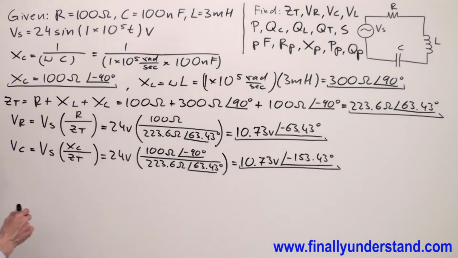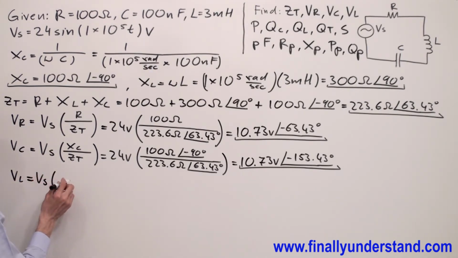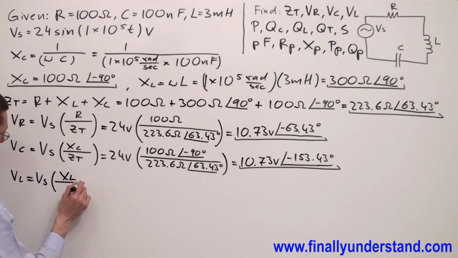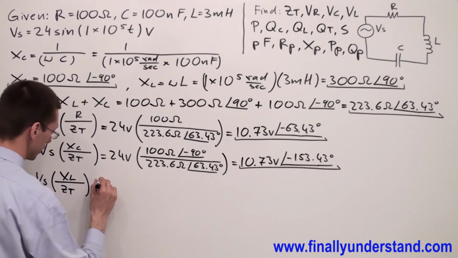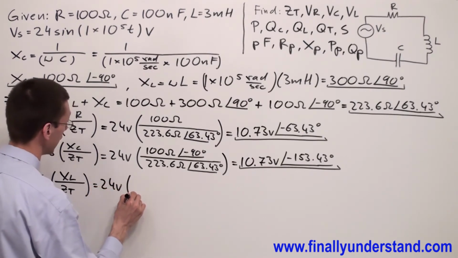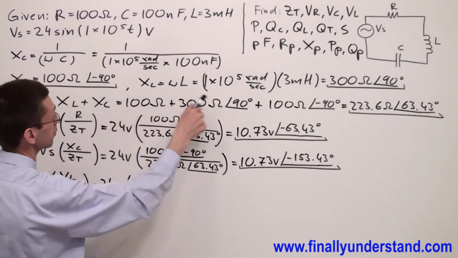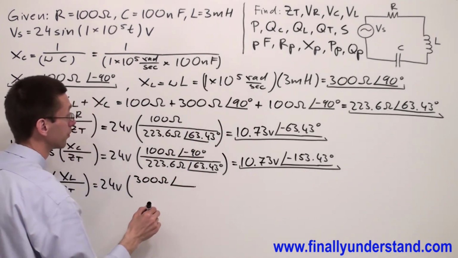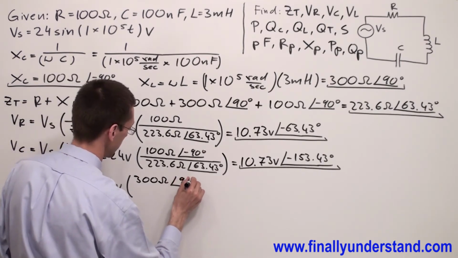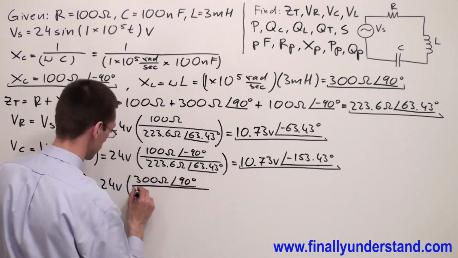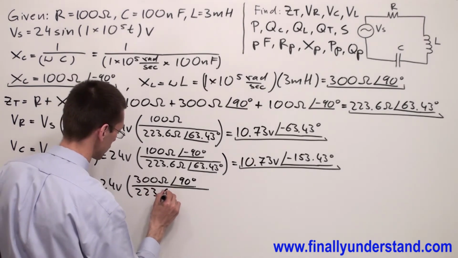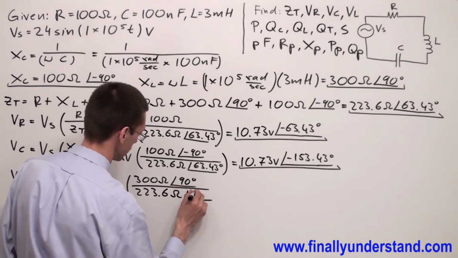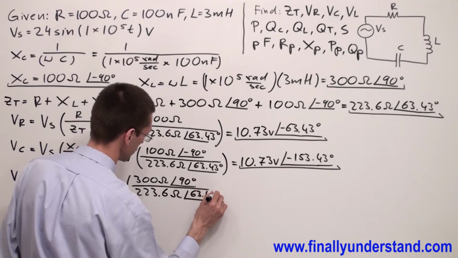Next, we're supposed to find voltage across the inductor. VL is equal to voltage source times X of L over Z total, which is equal to 24 volts times X of L, and we found X of L is equal to 300 ohms and angle of 90 degrees over 223.6 ohms and angle of 63.43 degrees.